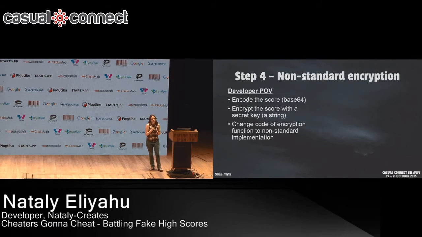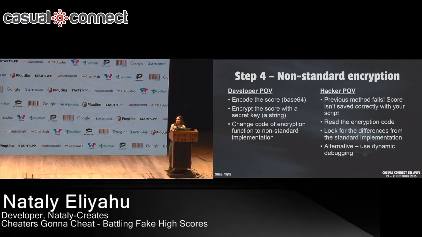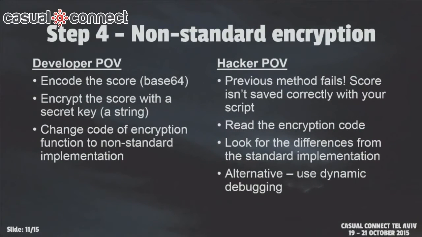It's still as secure and as legitimate to use, but it's not going to work the same for the hacker when they write a script and they want to save their own scores. And this is the point, I think, that a lot of hackers will be frustrated, maybe give up. Again, if money is involved in some way in cheating your game, maybe they will still be motivated, but I think this could be a good point to stop them.